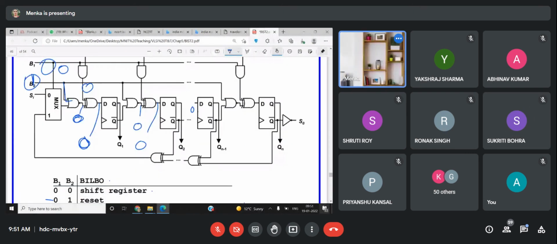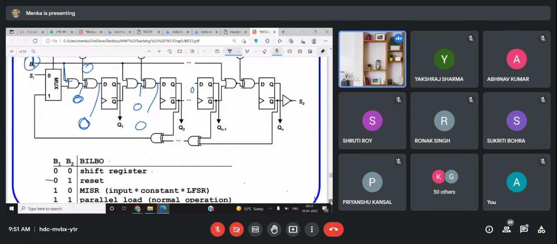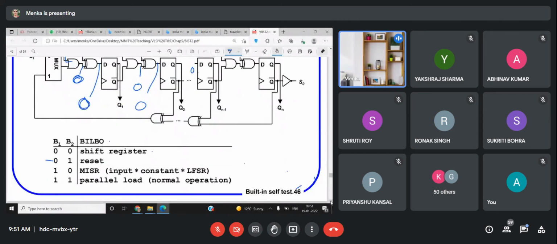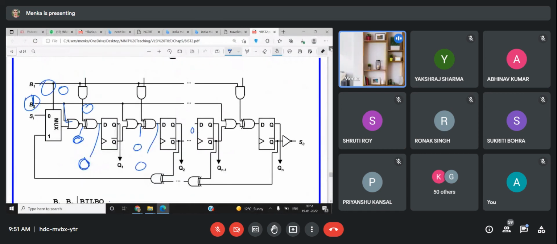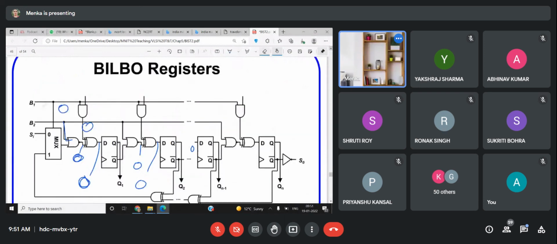Third one is MISR, multiple input shift register. So multiple input shift register, how it will be working? 1 0. The mode is 1 0. So this is somewhat like LFSR, but multiple input entries. So let us have a look for this. So this is going to give you 1 0 entry. One here at B, here it is 1 and here it is 0. So if this is 0, it means everywhere this is 0.